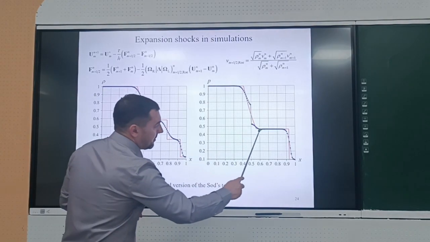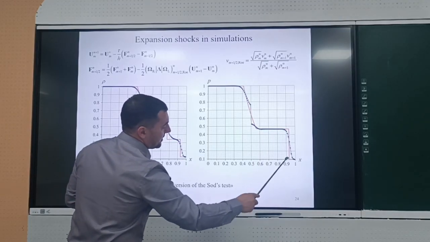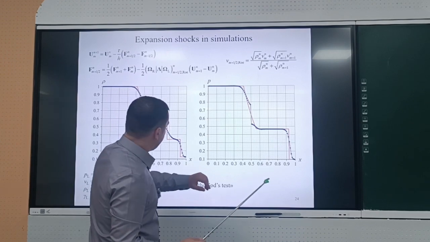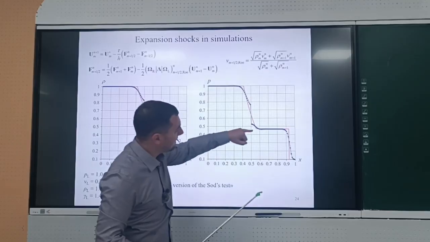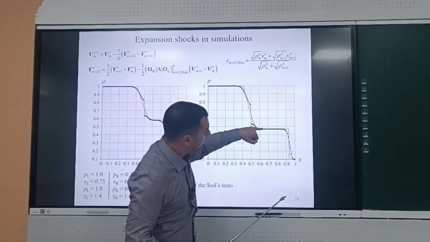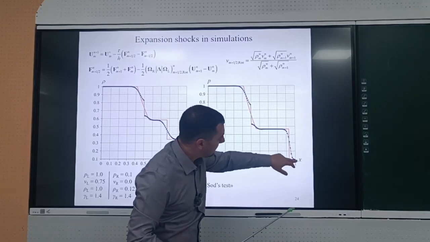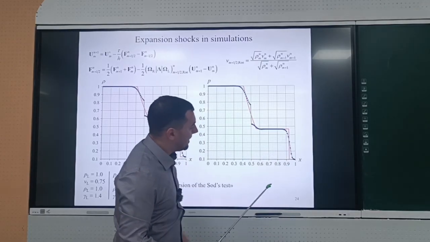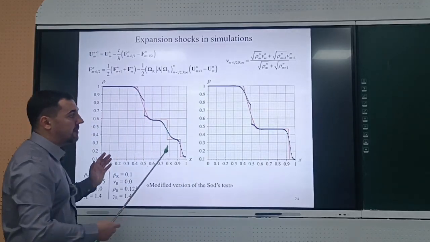So here we have a shock wave and a jump of pressure, and these values for pressure and density, their connection with the state in front of the shock wave, are connected with the velocity of the shock wave using the Rankine-Hugoniot jump conditions.